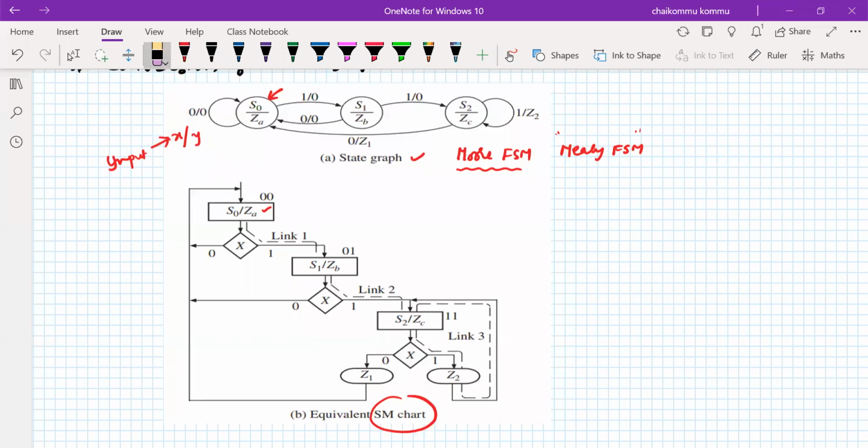Two outputs that we can observe. Here, for example, S0 divided by Z0. Here the output is not a conditional output.